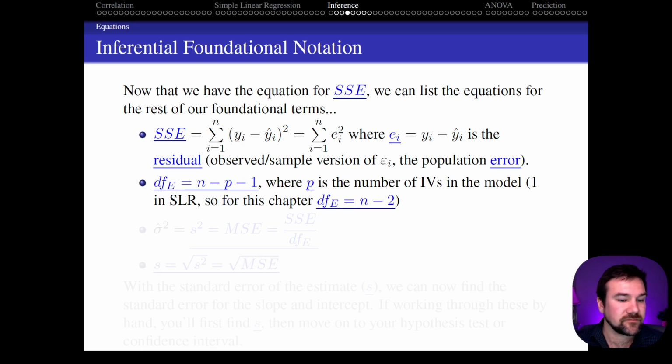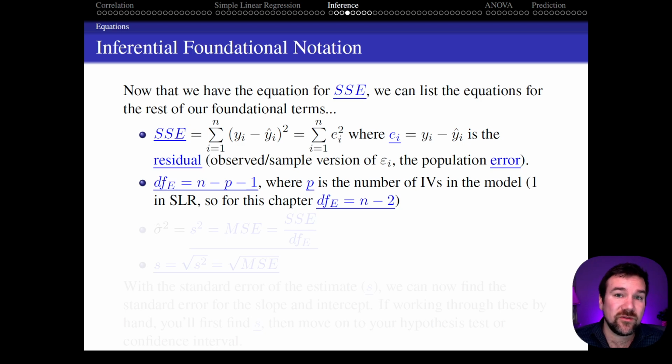The degrees of freedom in this case is going to be n minus p minus 1. Now, p is the number of independent variables, and that might sound weird in simple linear regression where we only ever have one independent variable, and you'd be right. In simple linear regression, p is always 1, and so for this chapter, the degrees of freedom error is going to be n minus 2.